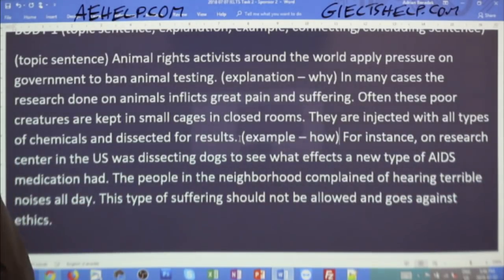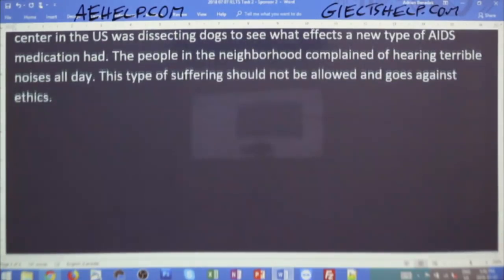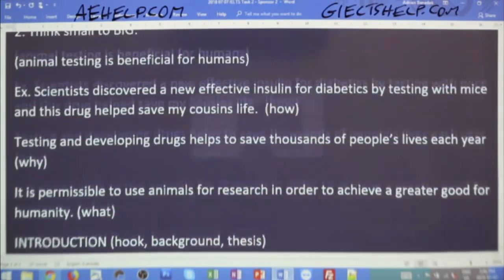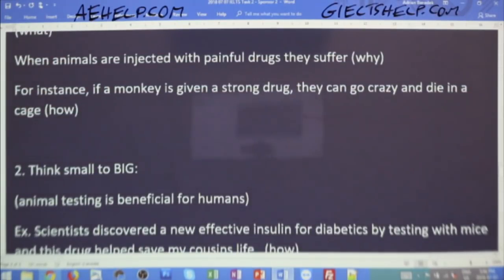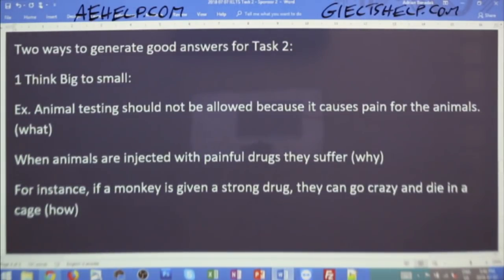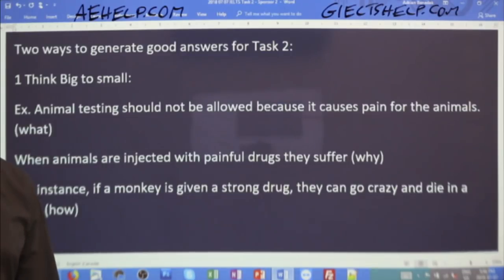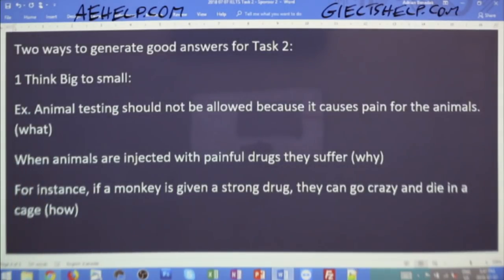Okay, and of course I could have used what I developed before when we were doing the big to small and the small to big. So when I did the big to small here, animal testing should not be allowed. It causes pain. Injected with drugs, for instance, a monkey is given a strong drug. It's the same thing. Mohammed, that's a good explanation as well. These activists often say that animals are killed with dangerous substances being injected into them.